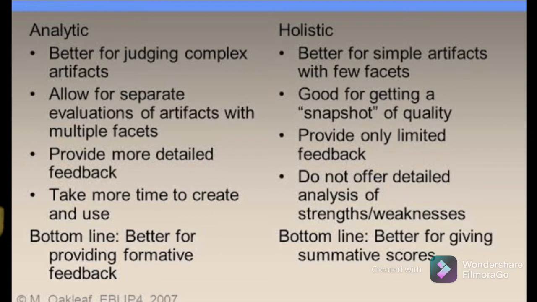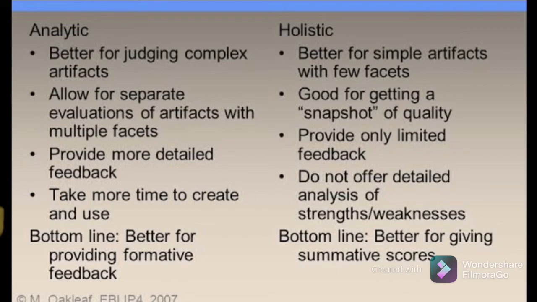Their definition: in a holistic rubric, all criteria are evaluated simultaneously, while in an analytic rubric, each criterion is evaluated separately. So that is the difference. When we say holistic, all criteria are judged simultaneously, while in analytic, each criterion is judged separately from the other criteria.